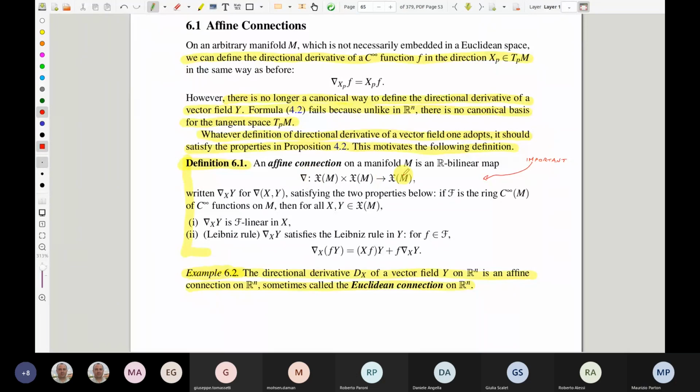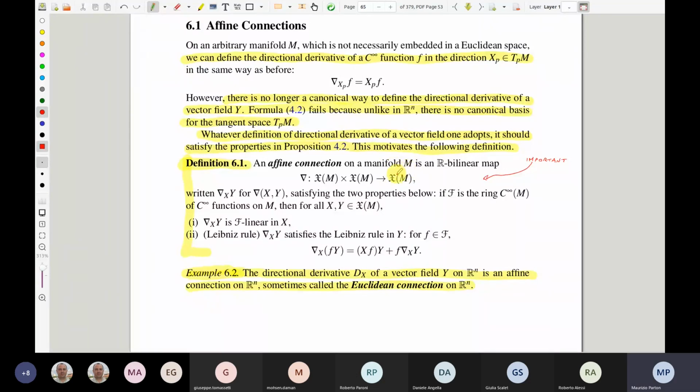Assume we have some map that is a directional derivative. That means that I can take one vector field, which is the direction I use to take the derivative, and another vector field, the one that I'm differentiating, and the result must be a third vector field. I'm not inventing anything. I'm just mimicking what I have already done in Rn.